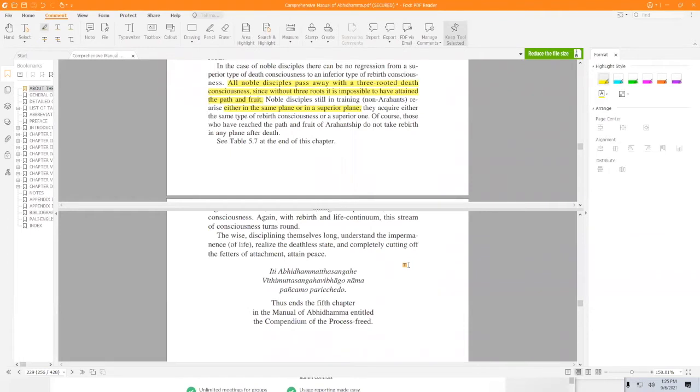And the reason for that is because in order to attain stream entry, one has to listen to the Dharma, to hear the Dharma. So if a person is reborn in the immaterial plane of existence, then they don't have the ear faculty, which is a material faculty. And so they have no chance of hearing the Dharma in the immaterial plane of existence.